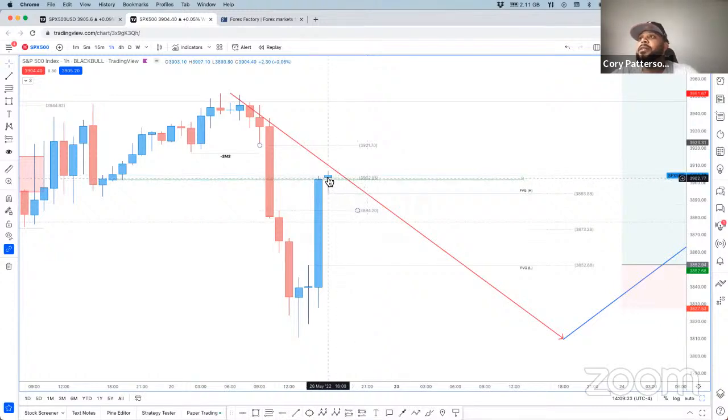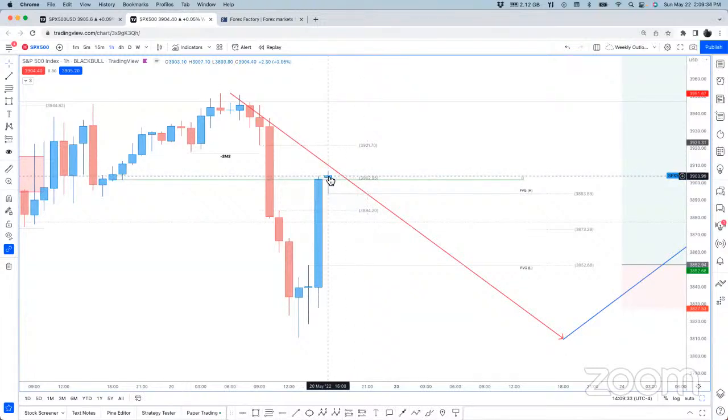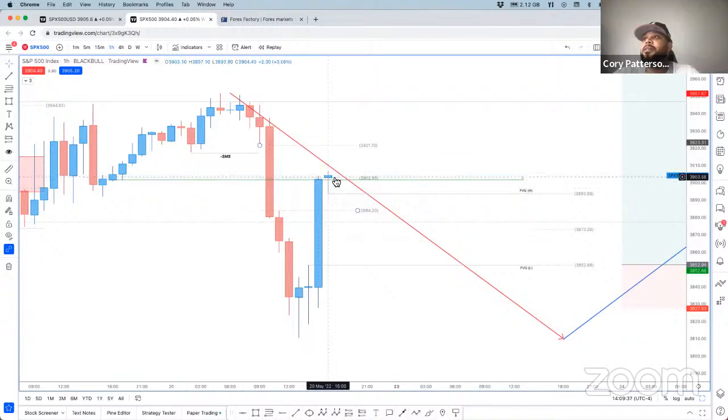The opening of this candle is pretty much the middle of this fair value gap. It's not a coincidence, you know? It didn't just stop right here for no reason. It came up here and stopped because we're in the middle of this imbalance. And you can even throw in the daily price right here. So you had two competing factors that just stopped it right here.